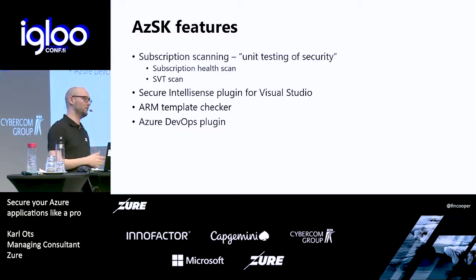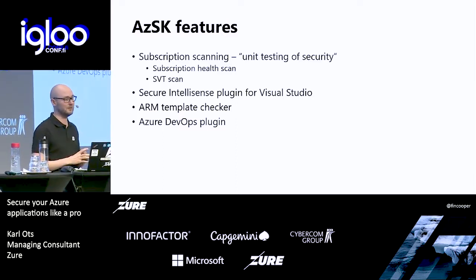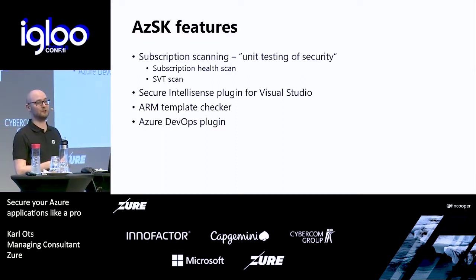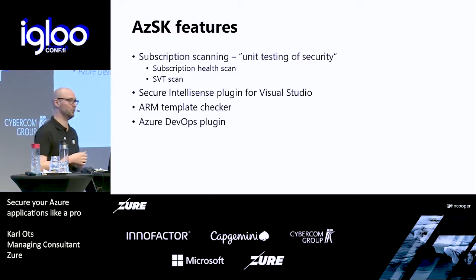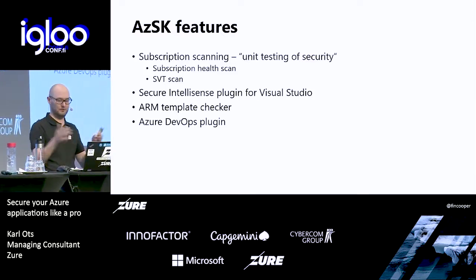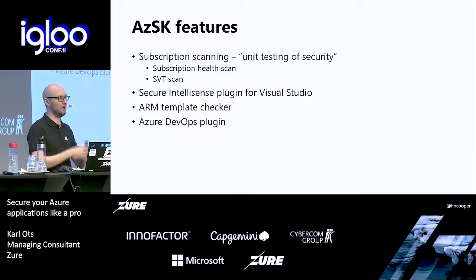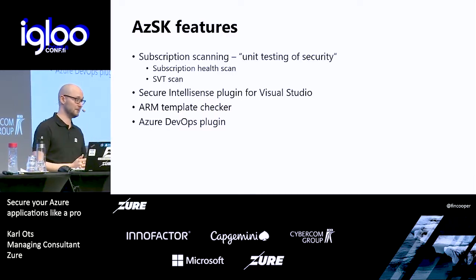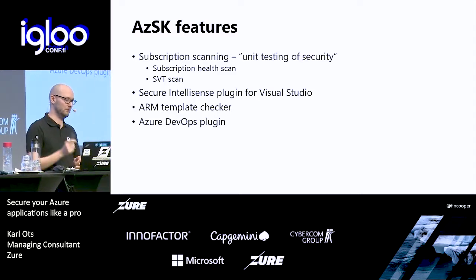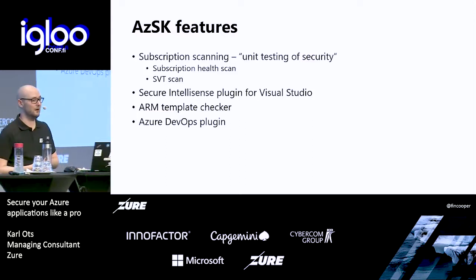They warn you about unsecure crypto implementation in .NET, and about using the storage SDK in a way that creates too wide privileges, public access or too long SAS tokens, that kind of stuff. So if you're using the full Visual Studio, I really recommend you install the Secure Intelligence plugin from the gallery.